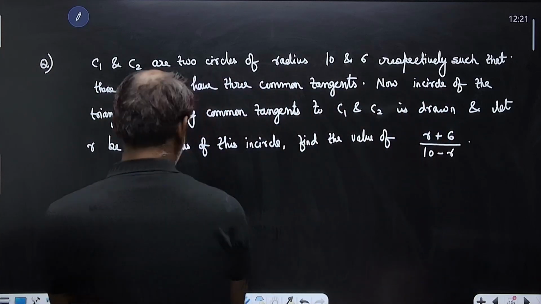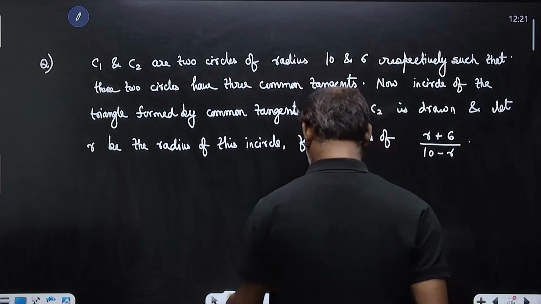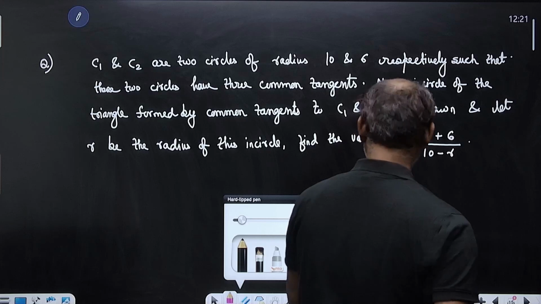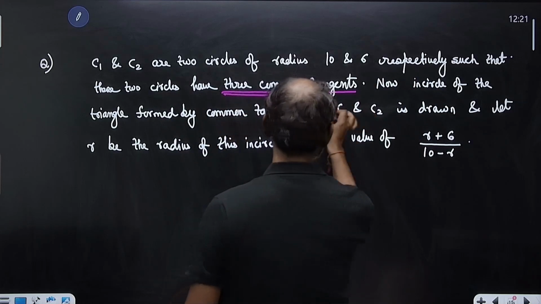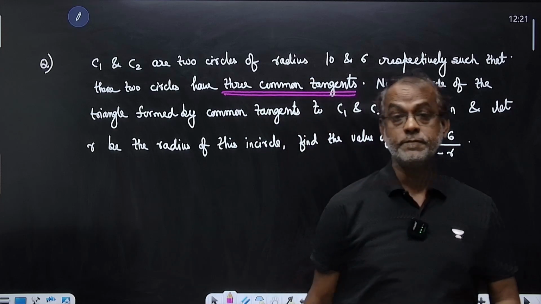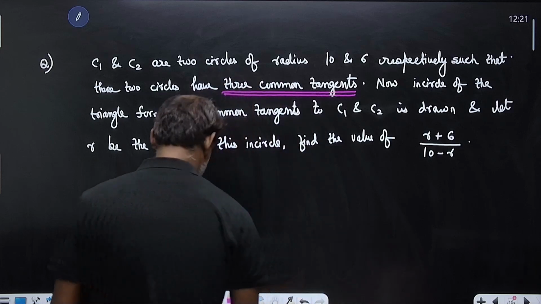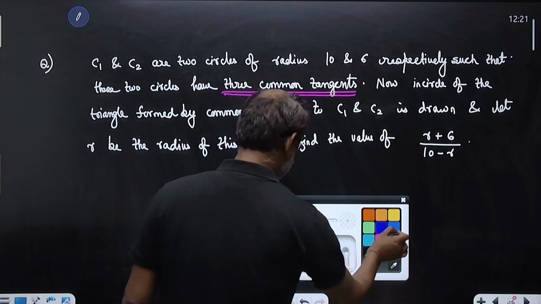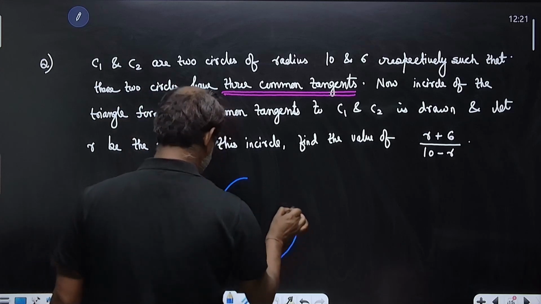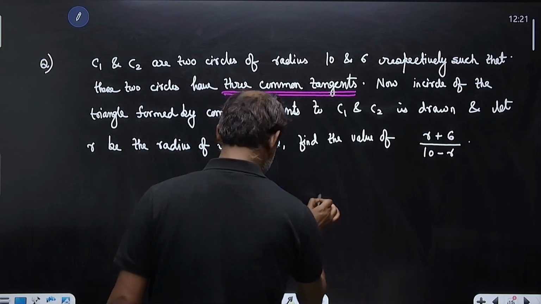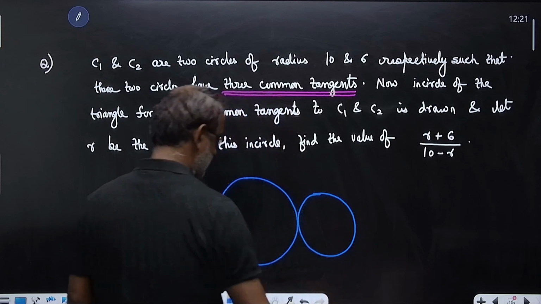Now, what is the possible situation? When do two circles have three common tangents? We have just seen it is when they touch each other externally. So, if they touch each other externally, this is the situation.